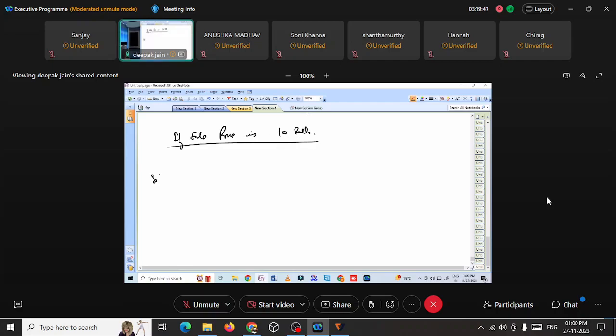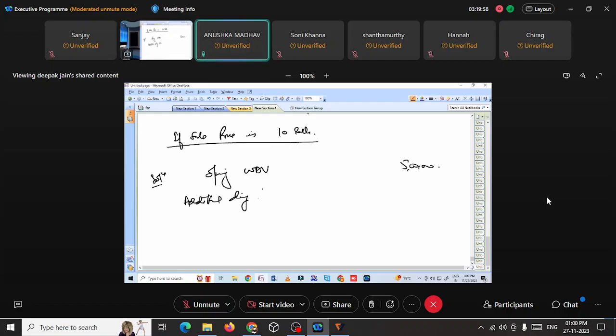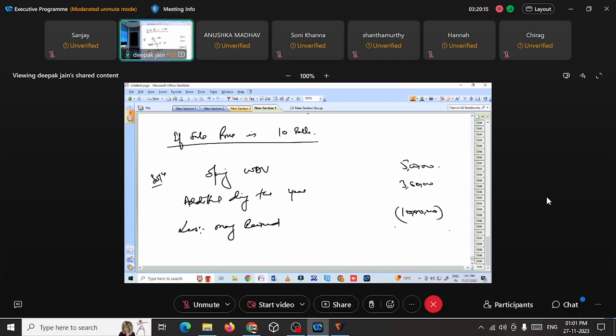So help me. What is my opening WDV? 5 lakh. What is my addition during the year? 3,60,000. What is my money received during the year? 10 lakhs. Closing WDV cannot be negative.